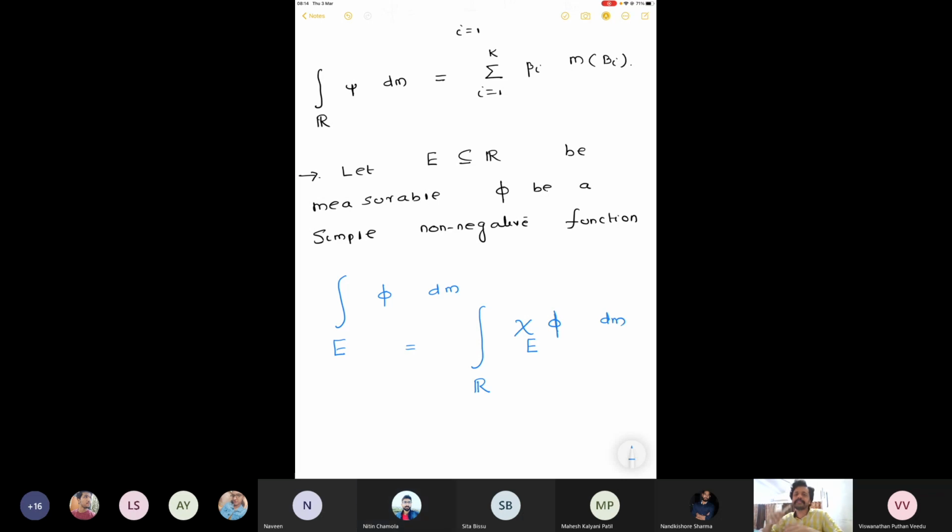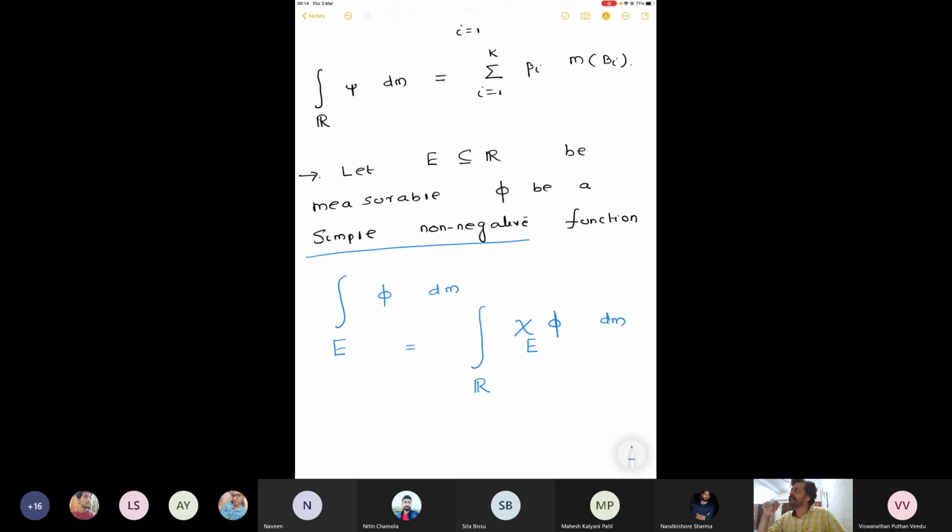Yes. So instead of integrating over R only, we can integrate over any measurable subset. But again, only non-negative simple functions. So we defined simple functions. We defined the integral of a non-negative simple function when it is in canonical form.